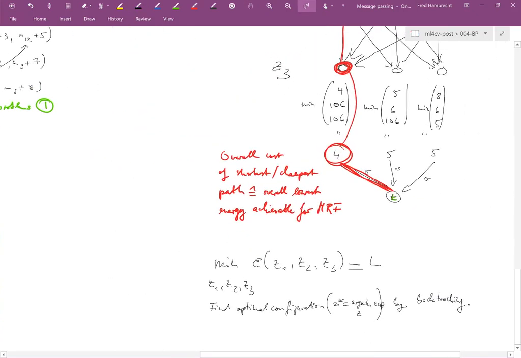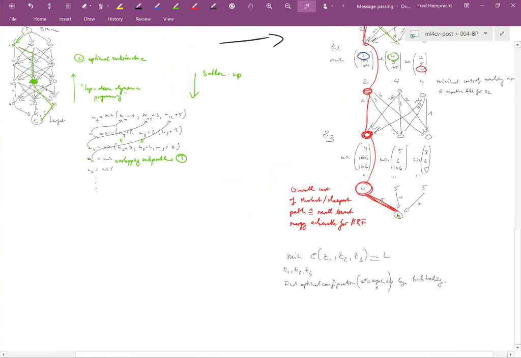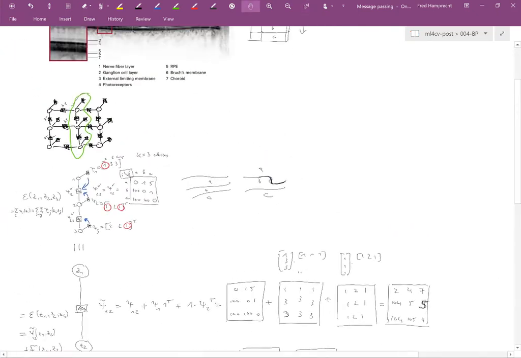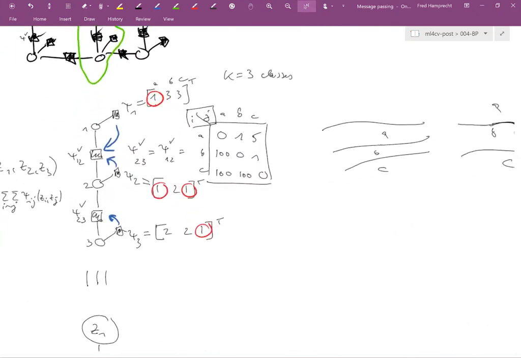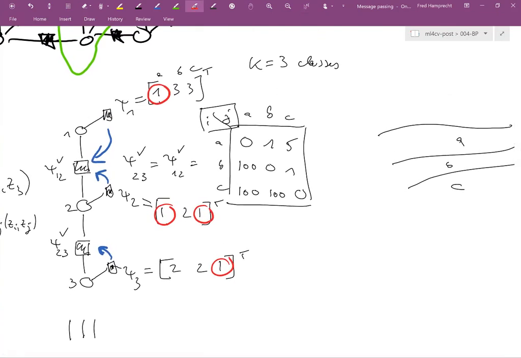Okay, now let's compare this. Is this any surprise? Let's look again at the unary factors. If we go back here, just looking at the unaries, I would have selected class C at the third node, either class A or class C at the second node, and class A at the first node.